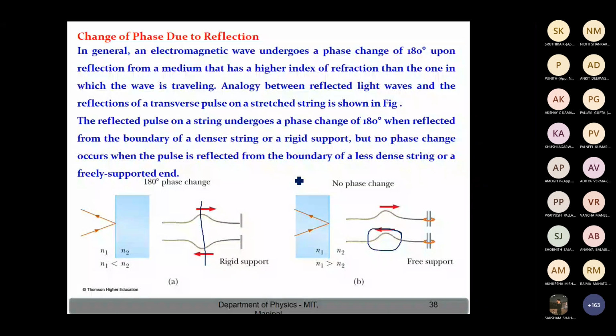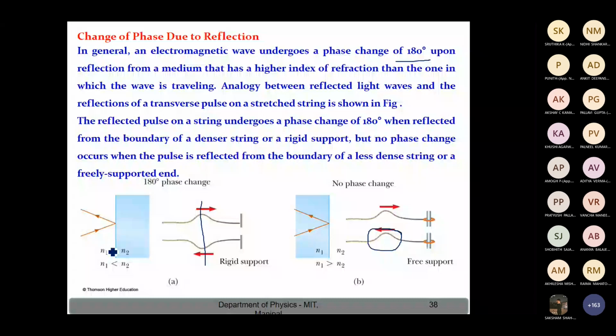Similarly, any electromagnetic wave undergoes a phase change of 180 degrees if it gets reflected from a medium that has higher index of refraction. That is, if n1 is the index of refraction of the medium in which the wave is traveling and n2 is the index of refraction of another medium, if n1 is less than n2, that is, it is traveling from a rarer medium towards the denser medium, then there is a phase change of 180 degrees.